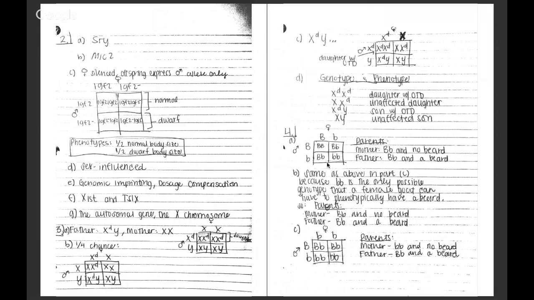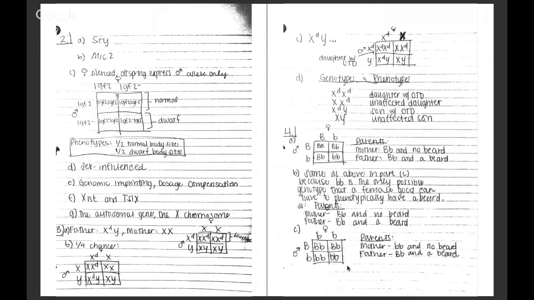In part B, this would be the same genotype for the parents, because this here is the only genotype possible for a female goat to have a beard. In part C, suppose a cross between a male with a beard and a female without a beard produce a 1 beard, 1 no beard phenotype ratio among the female offspring.